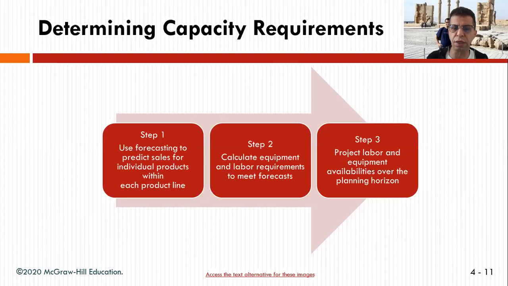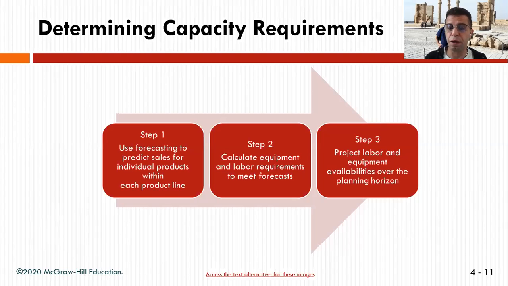So use forecasting to predict the sales for the individual product within each product line. The second step, you calculate the equipment and labor requirements to meet these forecasts. And the third step, you project the labor and equipment availabilities over the planning horizon.